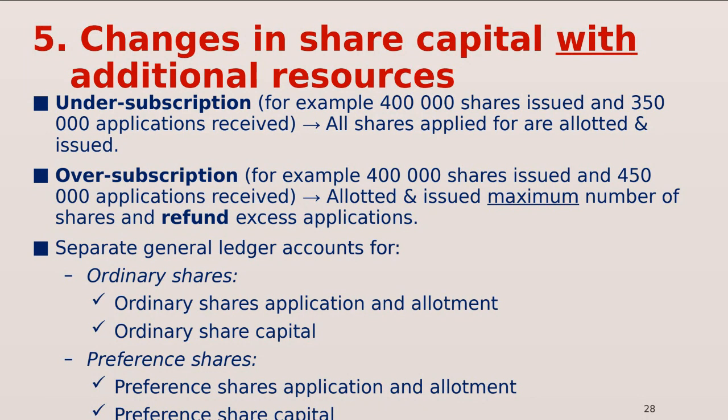And someone who bought 1 might only be getting half a share. But in that situation, you then need to refund the people that paid for the extra 50,000 shares. You need to refund them. Okay. So that's basically shares, where we issue shares and we get money for it.